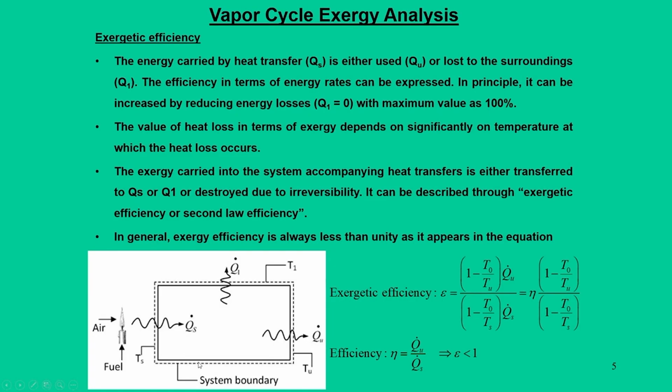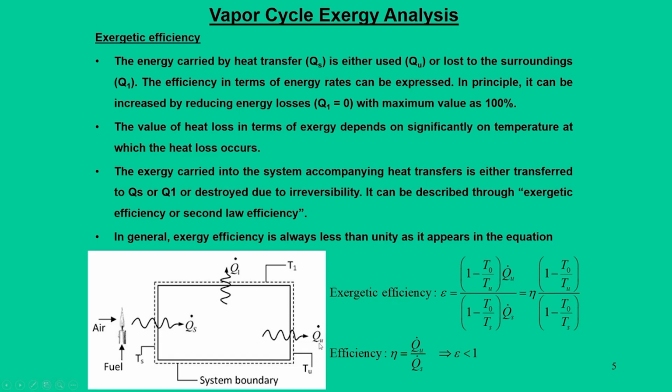So, let us understand that we have a system with its boundary, receiving some heat Q dot S, and by receiving this heat the system does some useful work in the form of Q dot U, and the heat which is lost is known as Q dot L. So Q dot S would be Q dot L plus Q dot U. Q dot L accounts for loss and Q dot U is considered as the energy utilization.